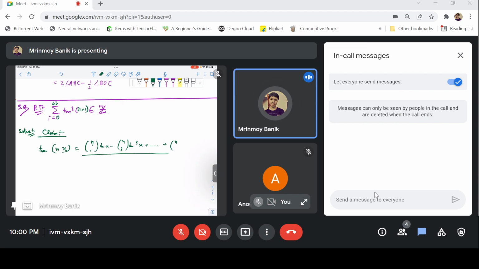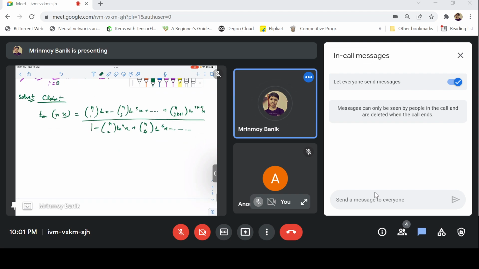If n is odd, say 2k plus 1, then the even terms in the denominator are 1 minus nC2 tan squared x plus nC4 tan 4x, like that. Okay, so the proof will be by induction. I'm not proving it right now.